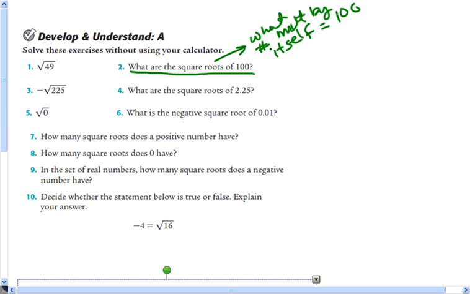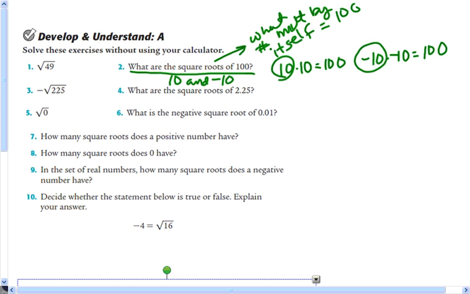We know that 10 times 10 is 100, so 10 is one of the square roots. But we also know that negative 10 times negative 10 equals 100, so negative 10 is another square root of 100. So our answer is 10 and negative 10.